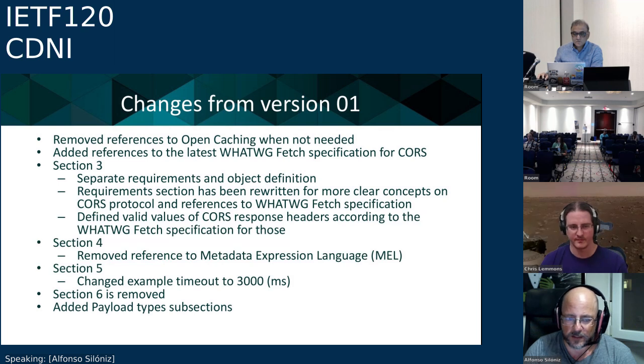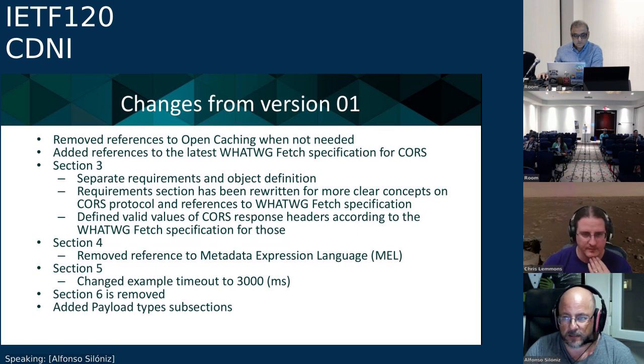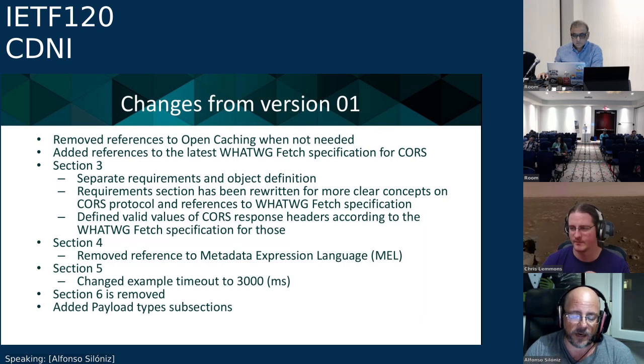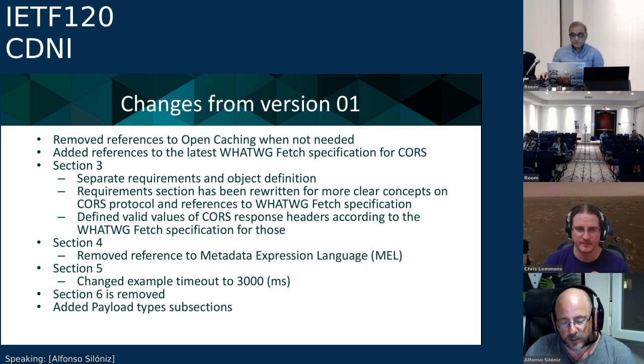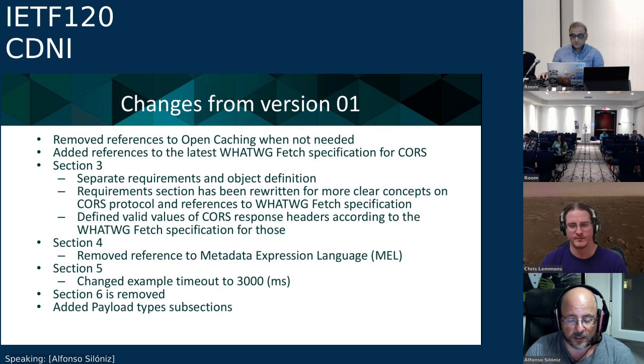We have rewritten several parts of the requirement sections to have a clearer understanding of what CORS is, with reference to the fetch specification and how this is related to the relationship between an upstream and a downstream CDN, and what is the need from the upstream to the downstream to configure this using these generic metadata objects, and defining valid values of the CORS response headers in the object definition that wasn't in the previous version.